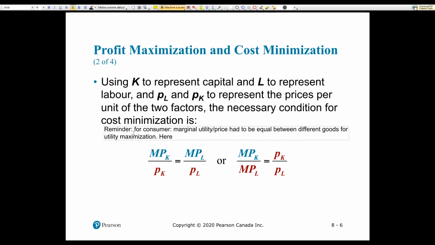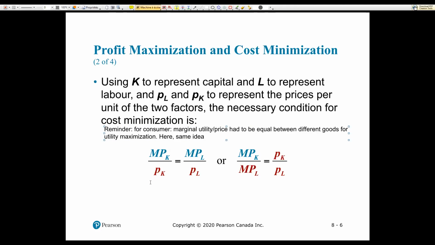Here, same idea. What we have here is that the marginal product divided by the cost should be equal. So that's what happens at cost minimization. If you're reminded of the consumer case, it's exactly the same.